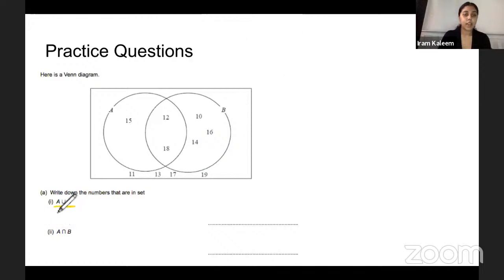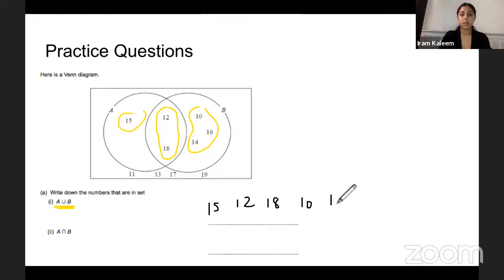So let's say we're looking at the union. Well, we said the union was everything that's inside set A, everything inside set B, and everything inside both. So you would just write down all the numbers that I've just highlighted. So quickly, we have 15, 12, 18, 10, 16, 14.